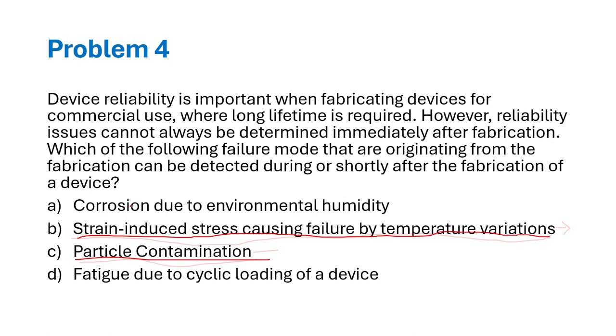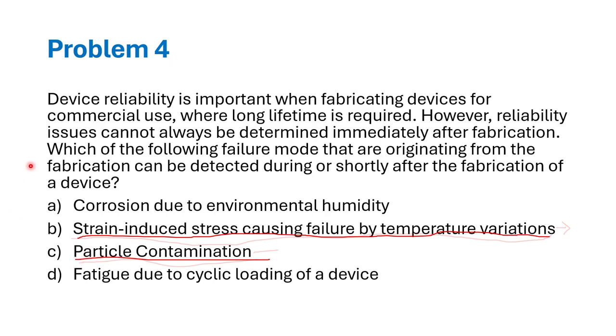Because of that there is some stress and strain induced in the structure, which is causing it to not perform as well, like buckling, or it may get deformed under the stress. If something like that is happening, then we can say that is strain induced stress. But normally whatever fabrication process we do, it will not be subjected to that much temperature variation, right?